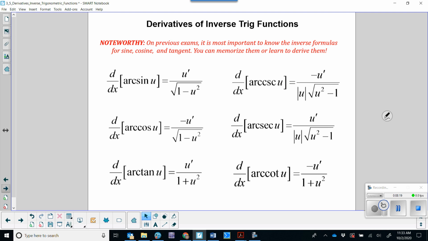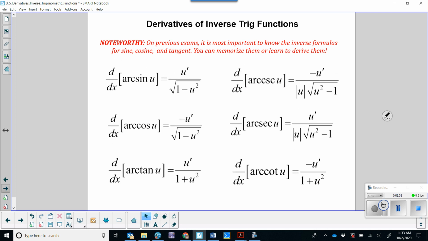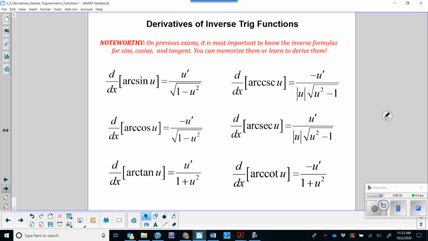It's really not the rest of them that often, but if you just notice the connections between them. Again, I would have put these in a little bit different order to make more sense, but if you look at the formulas, you'll notice that arc sine and arc cosine are almost identical. The only difference is the co-function is negative.